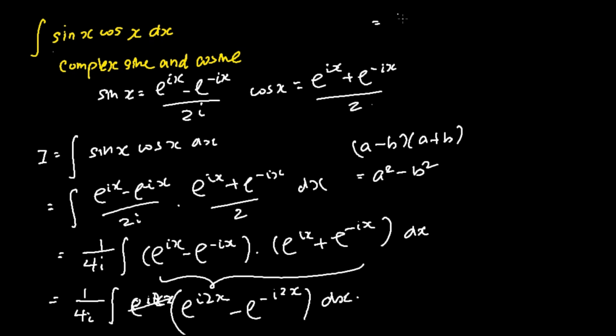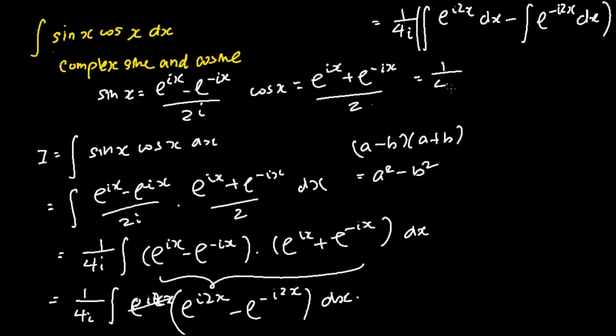And this can be further simply split up into two different integrals. The first integral will be the integral of e to the power of i2x dx, and the second integral will be the integral of e to the power of negative i2x dx. And then we can perform our integration.